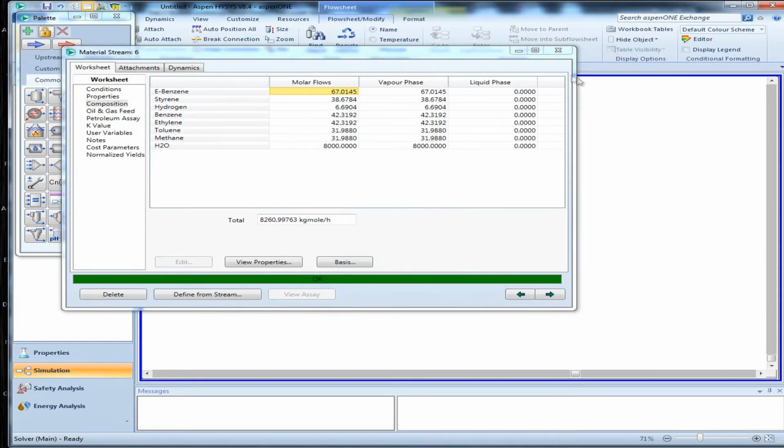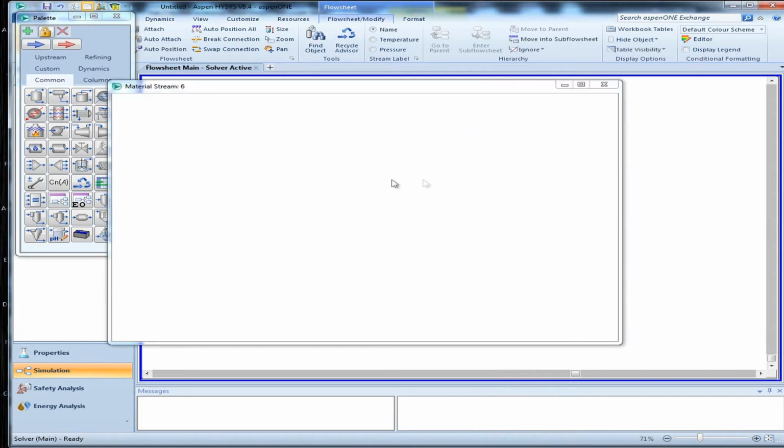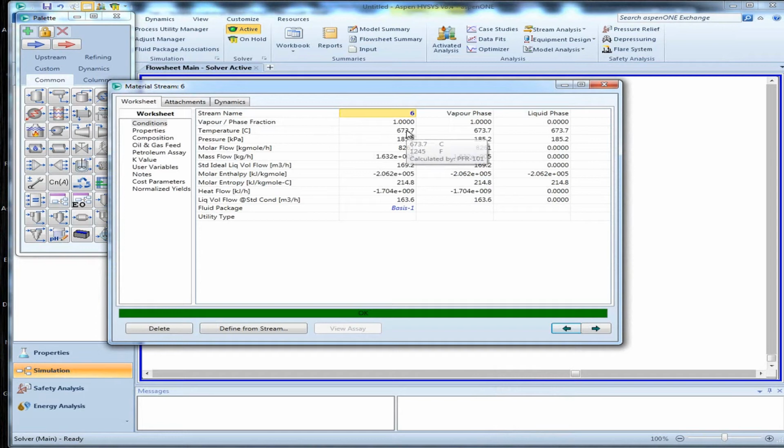So what is the overall reaction with respect to ethylbenzene? From 180 to 67, that is about 45% conversion based on ethylbenzene. The condition coming out here is gaseous phase, and the temperature is still high, the pressure is still 185.